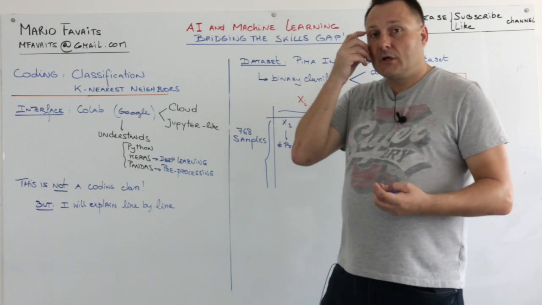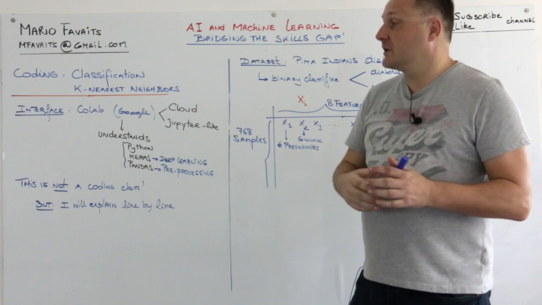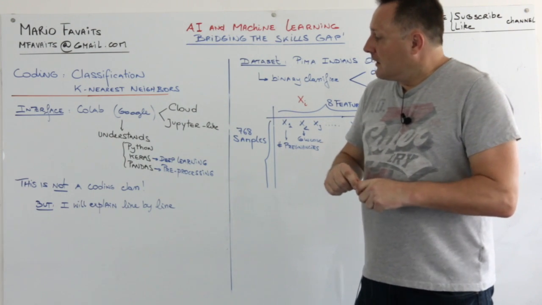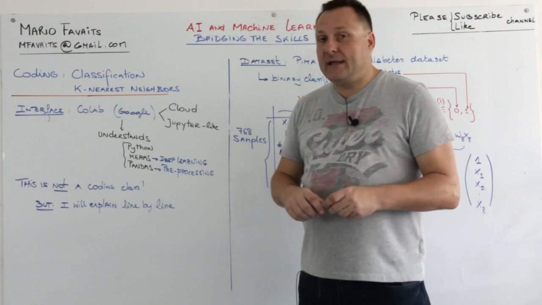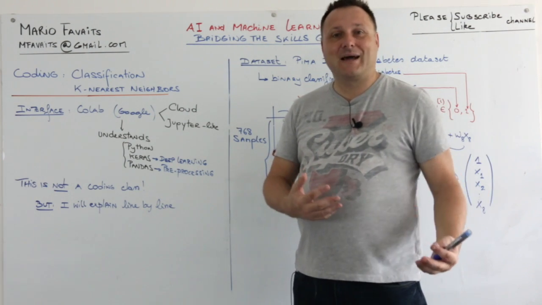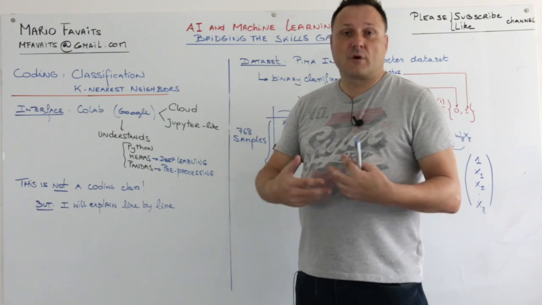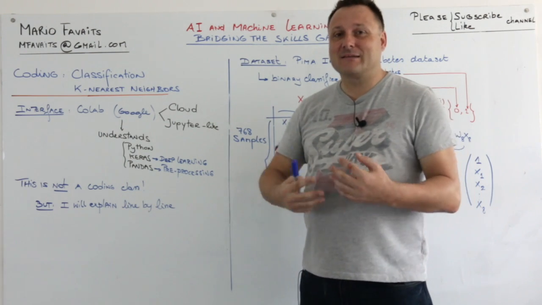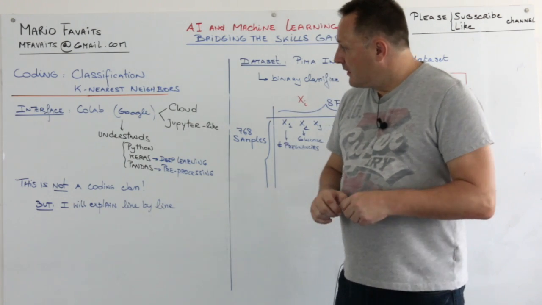The typical vocabulary of coding you should actually know. But again, I will explain line by line. And even if you don't study the coding behind it, you'll be able at the end of this class to write your programs, because it's mainly the same syntax coming back all over again.